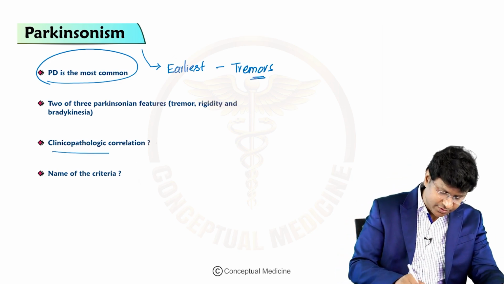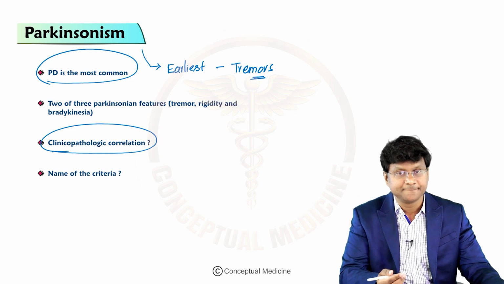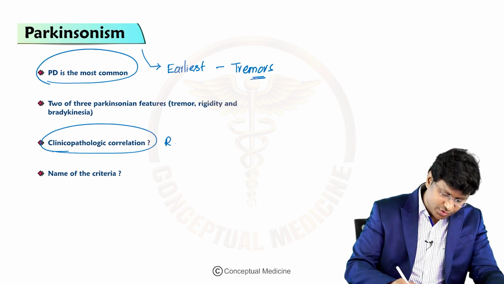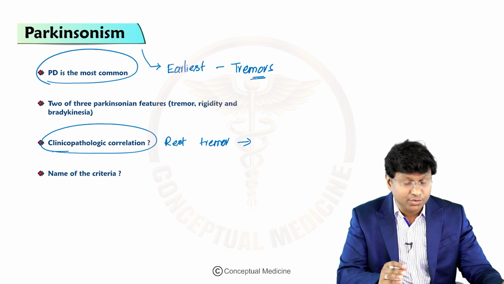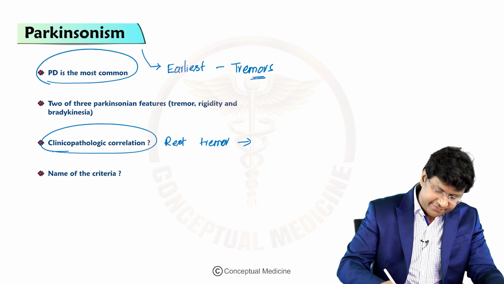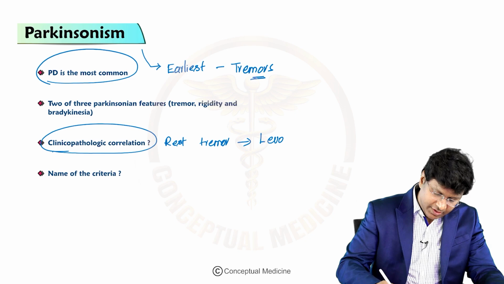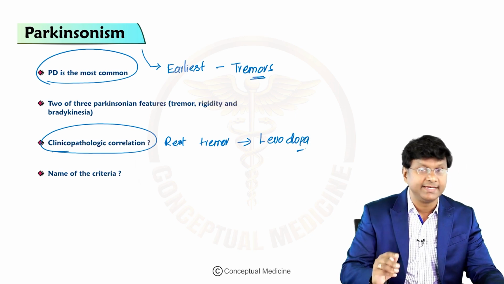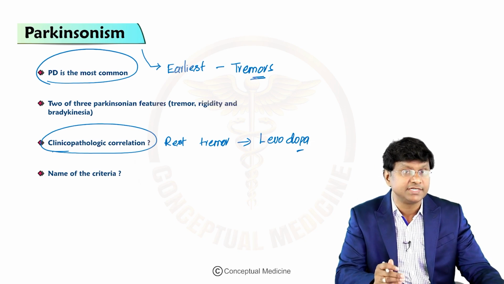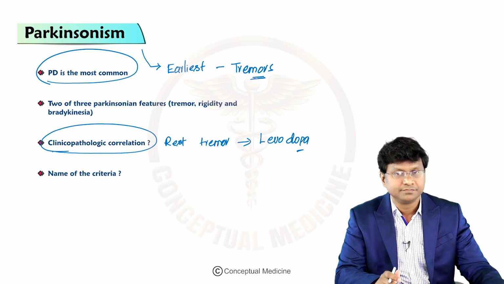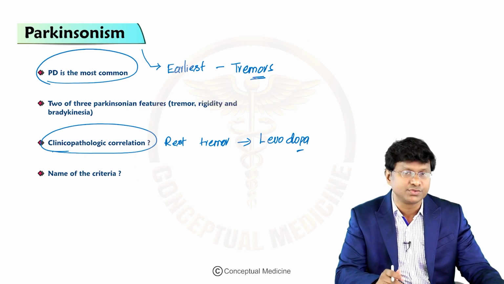Earlier, the clinico-pathological correlation was such that if there was a resting tremor, and that too asymmetrical, and a good response to levodopa, then we used to consider it to be Parkinsonism.